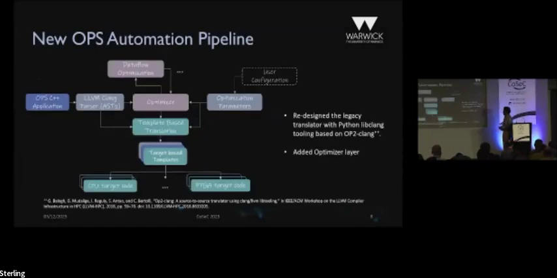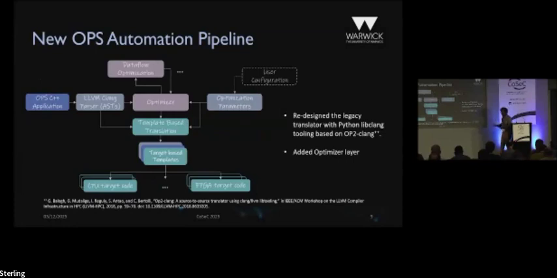What we did on top of this was to take the existing OPS translator, but we needed more layers to continue. So we used proper LLVM parsing techniques and also built an optimizer.